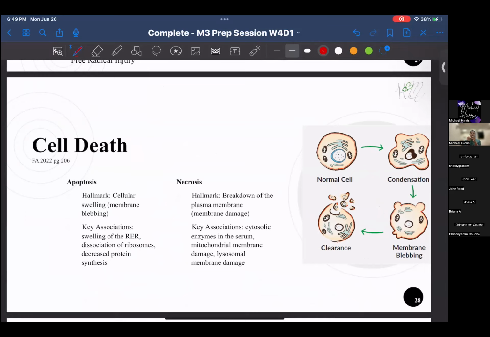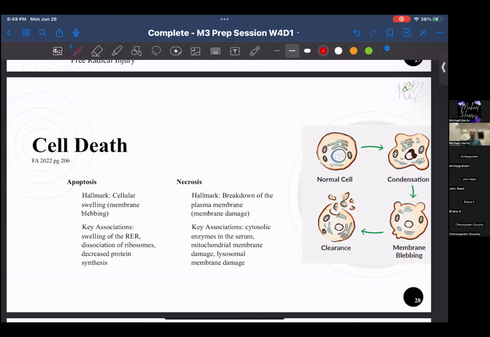Why? When you undergo necrosis, the membrane breaks, ruptures open, and all of those products inside the cell are now released inside the tissue. The tissue doesn't like that. It doesn't like little bits of lysosomal enzymes eating away at all the other tissue.